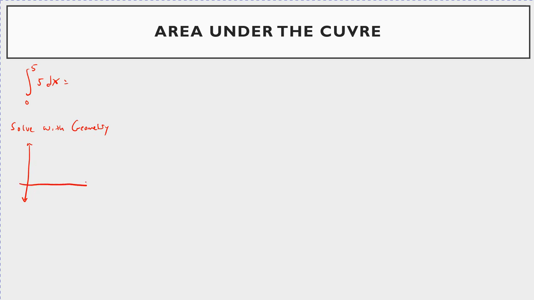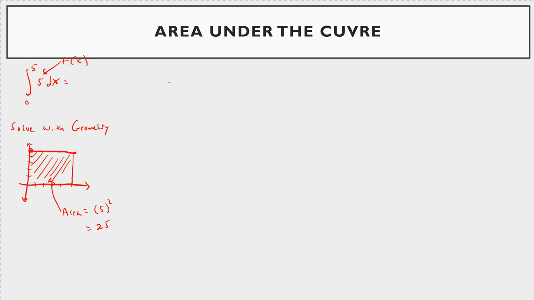My function f of x is just a horizontal line at 5, and I want to go from 0 to 5. The area under the curve here was just the area of a square, which ended up being 5 squared, which is 25.